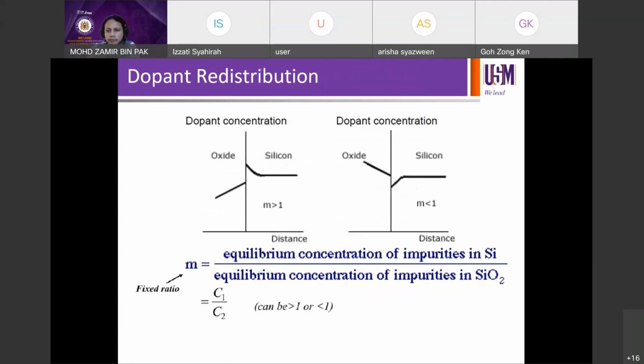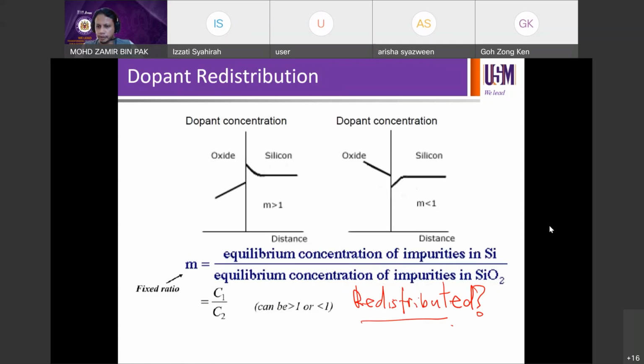Why do you think, let's just guess, why will the dopant be redistributed during the oxidation process? Why is there dopant redistribution during the oxidation process? What makes them redistributed?